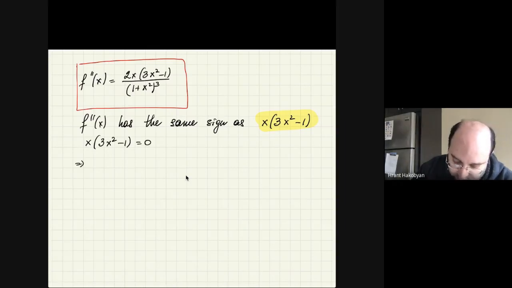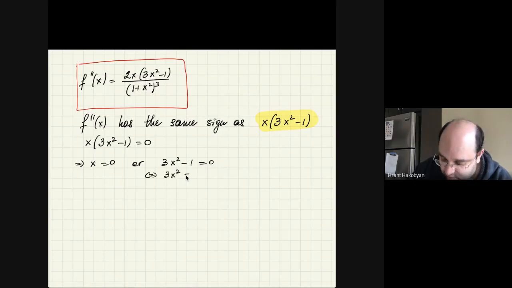Then I have two possibilities, x equals 0 or 3x squared minus 1 is equal to 0. Well, what's that? That's the same thing as saying that 3x squared is equal to 1. Yeah, I moved 1 to the other side. Or if I divide both sides by 3, x squared is equal to 1/3.